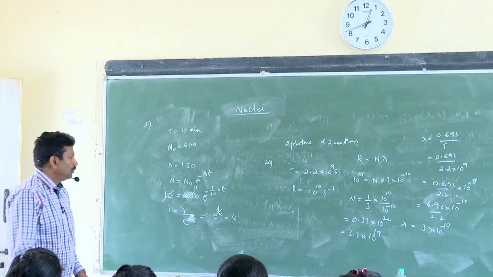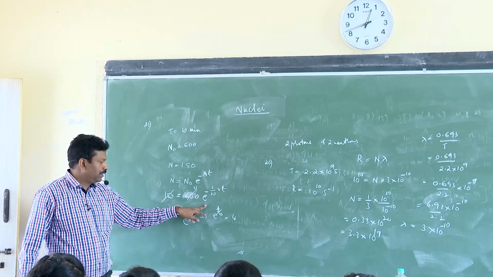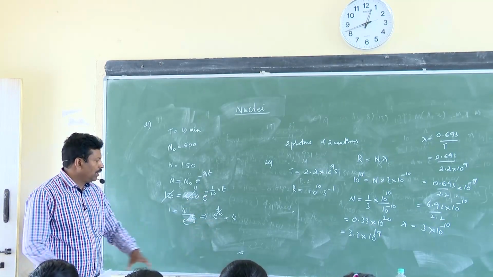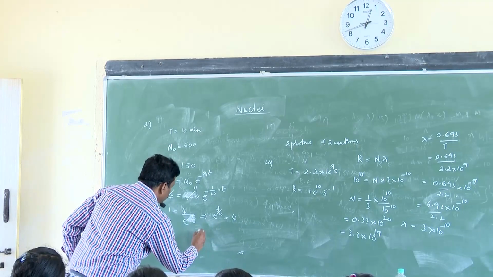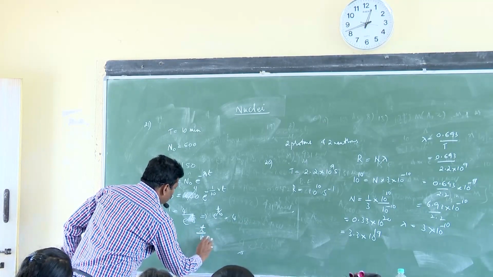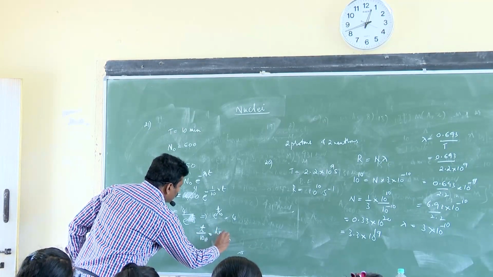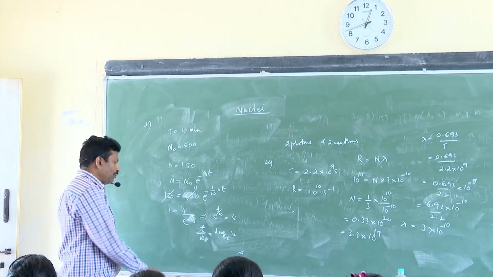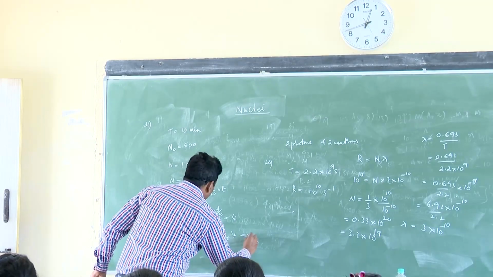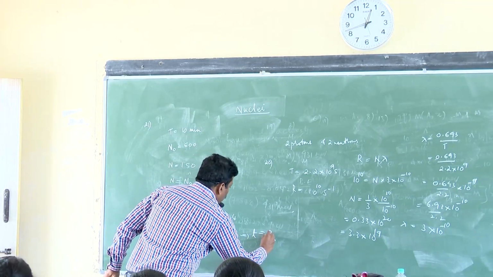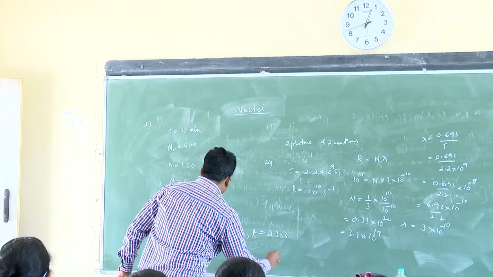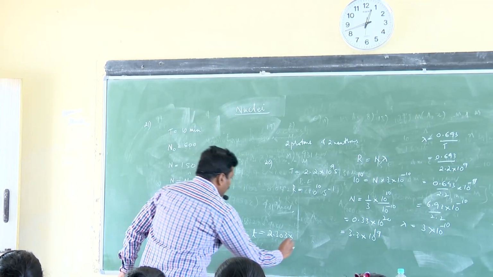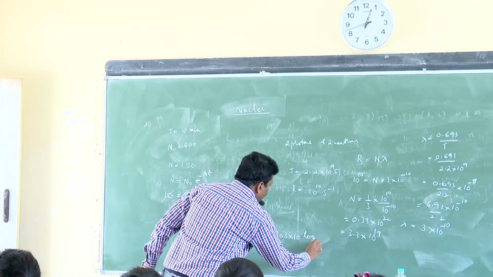When we take this to the denominator it becomes plus, t by 10. So now log 4: t by 10 is equal to log 4, log e, natural logarithm. Therefore t is equal to 2.303 into 10 log of base 10 of 4.